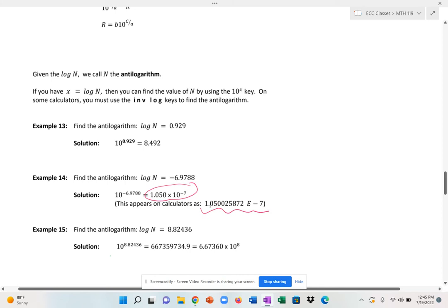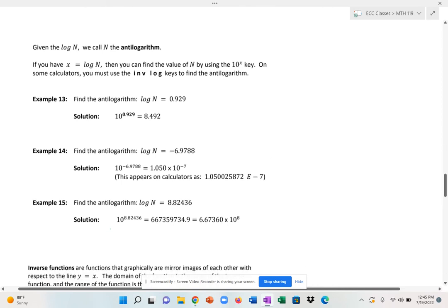I just went out 3 decimal places, so I only included this. And this negative 7 here means that's the exponent associated with 10. So this is 1.050 times 10 to the negative 7. That means I would move my decimal place 7 places to the left to get what the actual answer is, which means your anti-logarithm is a very small number.